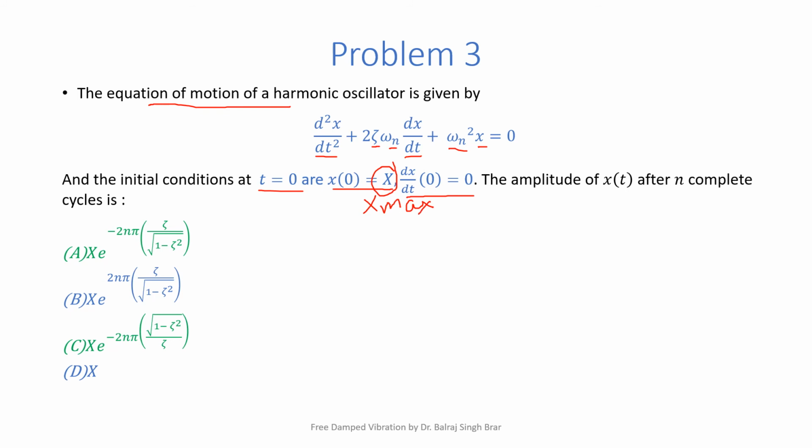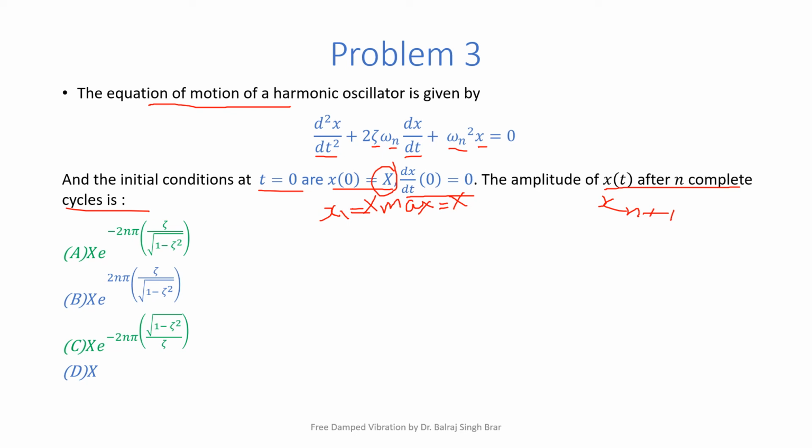Now we have to calculate amplitude after n complete cycles. So we are given that x1 at the start of the vibrations is kept X maximum, which is X, and we have to calculate xn plus 1 after n cycles.